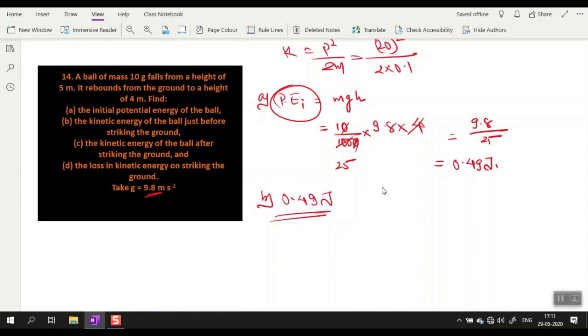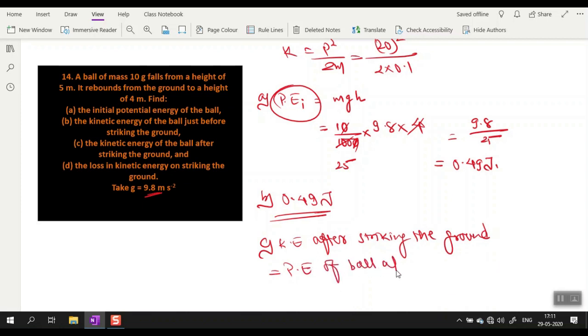The kinetic energy of the ball after striking the ground. Okay, after striking the ground, what is the kinetic energy? See, after striking the ground, the ball goes to a height of 4 meter. So the kinetic energy after striking the ground is equal to the potential energy of the ball at 4 meter, because that kinetic energy takes the ball to 4 meter height.